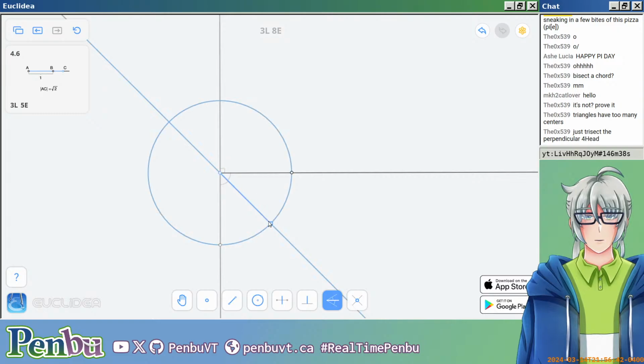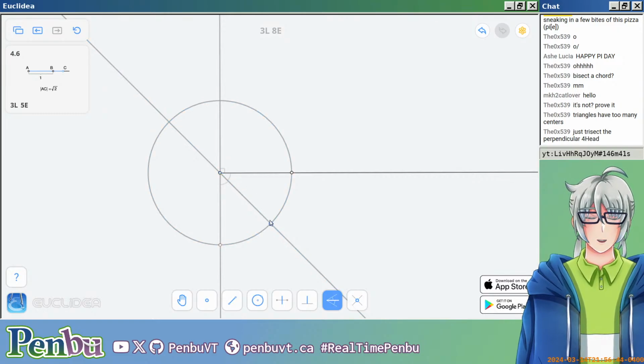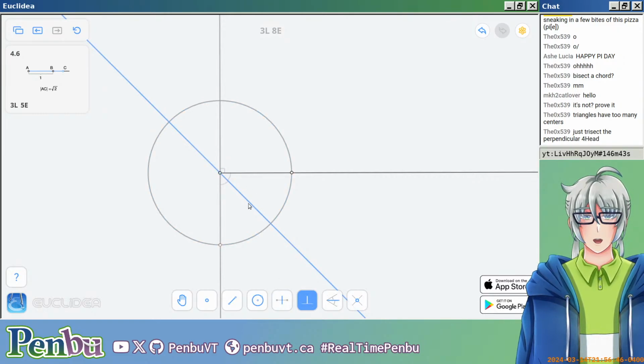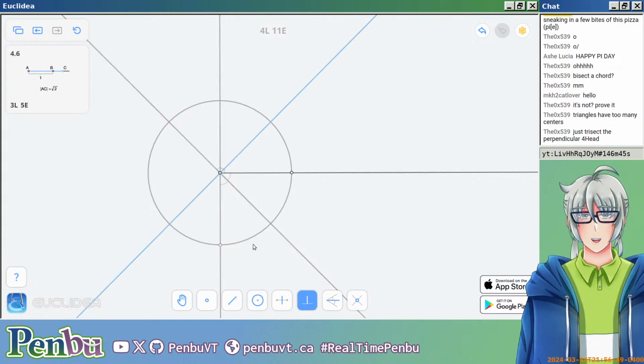Looking at another 45 degrees here. Or not 45, we'd drop a perpendicular here. Alright, so these are now our square edges.